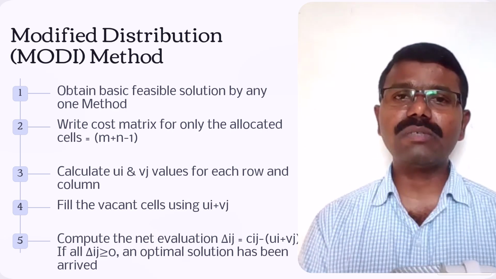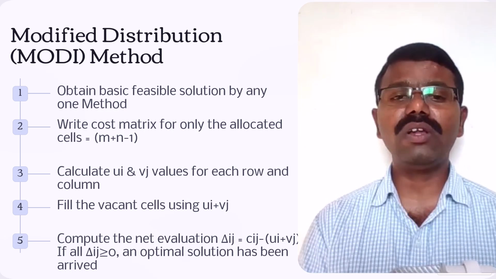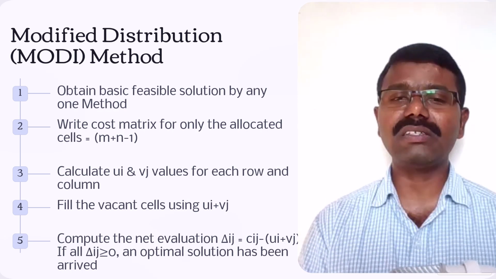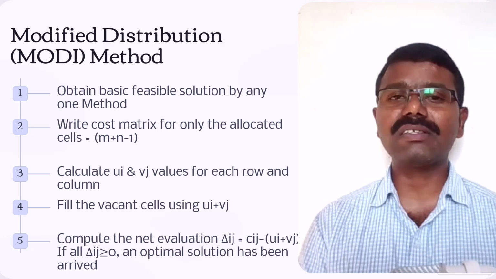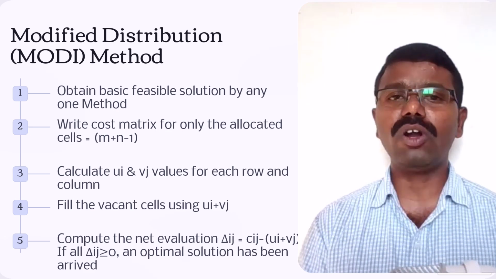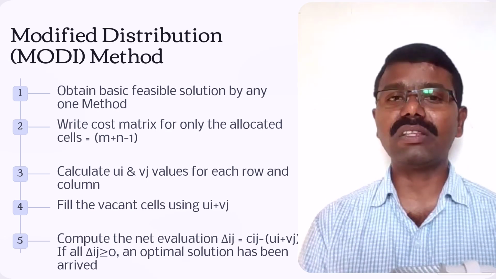After obtaining it, write the cost matrix for only the allocated cells, and if the allocated cells are equal to m plus n minus 1, only then is the MODI method applicable, where m is the number of rows and n is the number of columns.